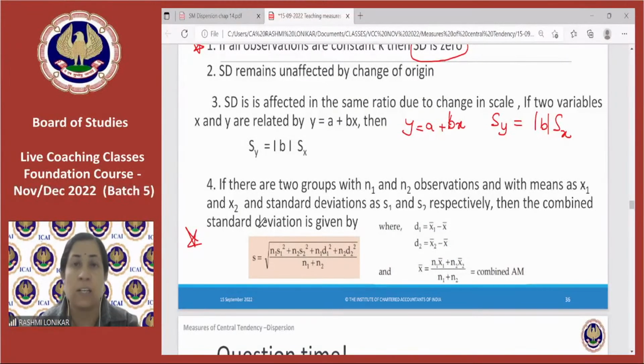Then when I am combining these two groups, I get this: d1 is x1 bar minus x bar, and d2 is x2 bar minus x bar.